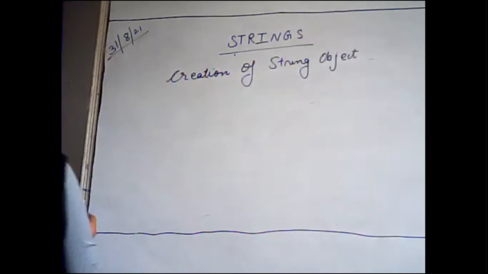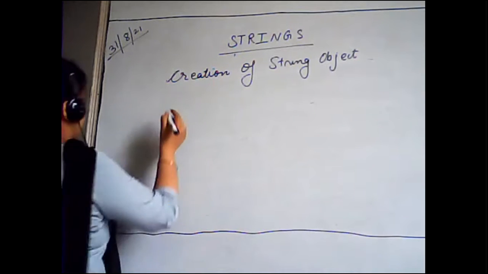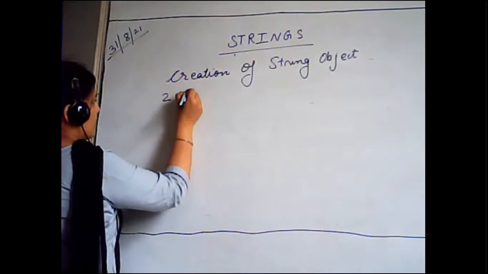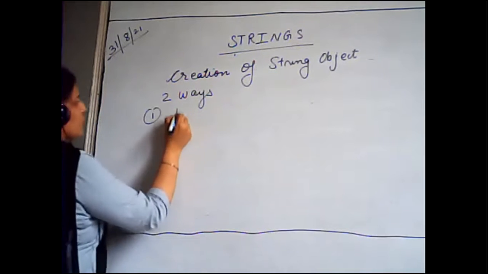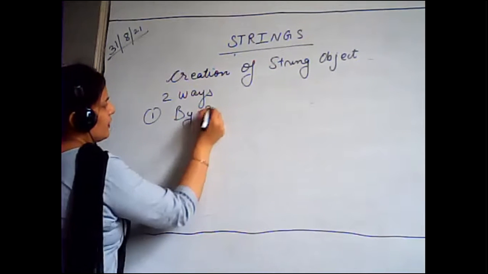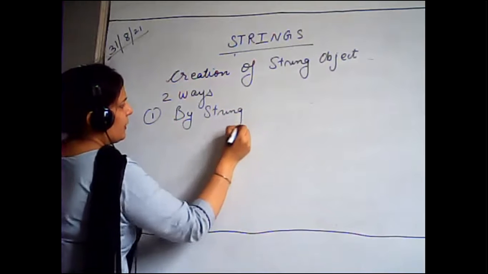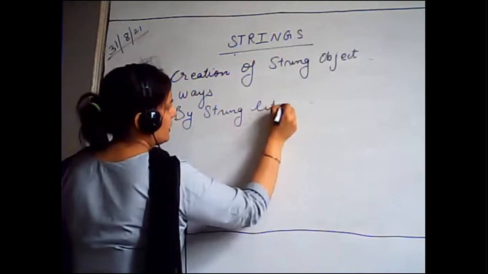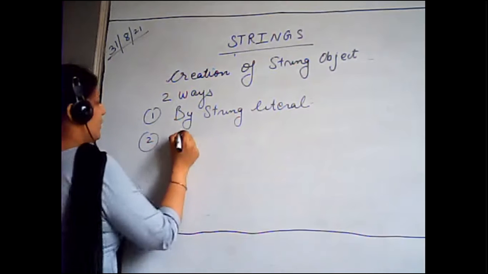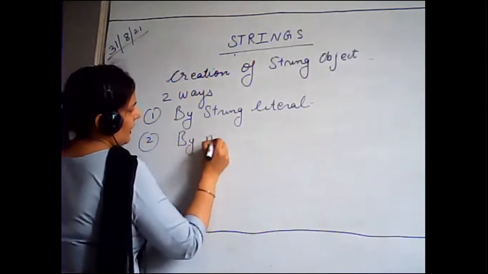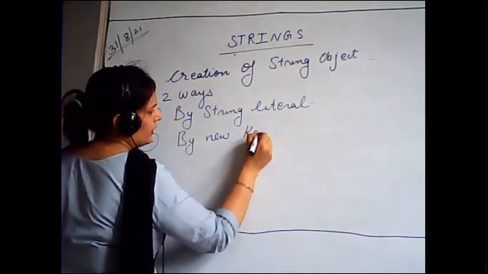Java provides us with two ways by which we can create a string object. The very first one is by using a string literal. The second is by using the new keyword.